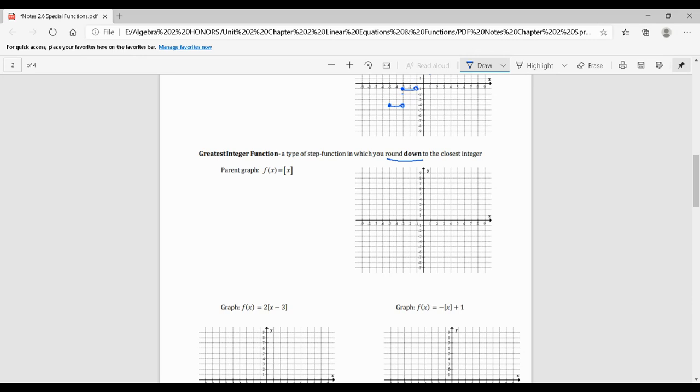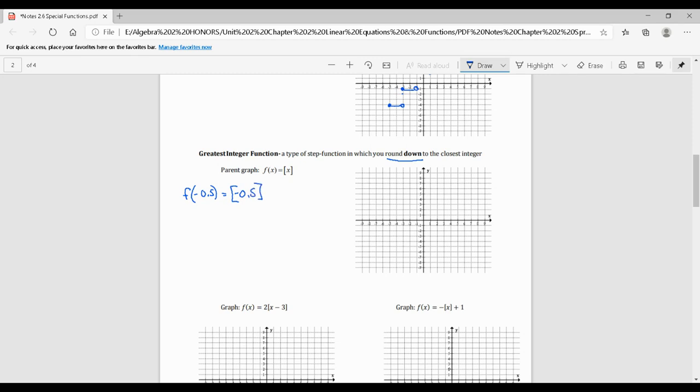So for example, if I say in this case, f of negative 0.5, that is saying the greatest integer of negative 0.5, and so it's saying round down.